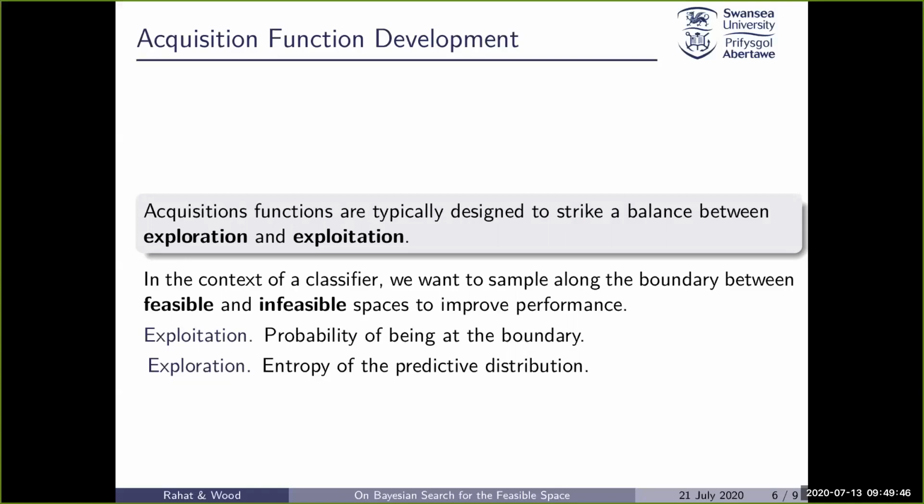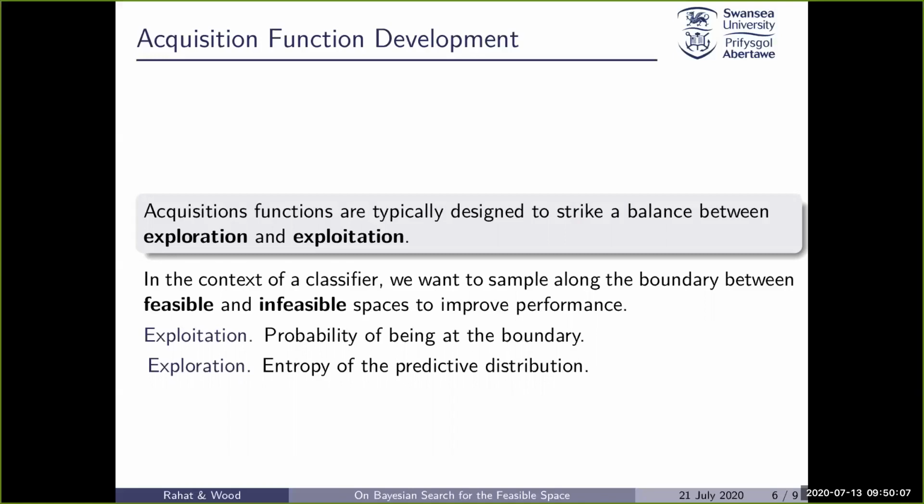On the other hand, of course, our models are poor approximations when we begin, so the uncertainty in predictions should be large. The entropy of the predictive distribution tells us how much information we can gain from sampling there. So that's our exploration term.